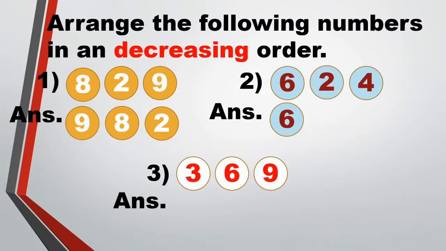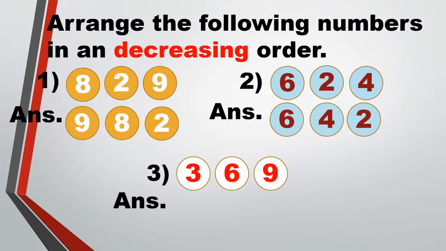Right. 4 comes before 6. Which is the smallest number in this line? Only 2 is left. So, 2 is the smallest number in this line. So, decreasing order is 6, 4, 2. We are going downward. Now, look at this third question.